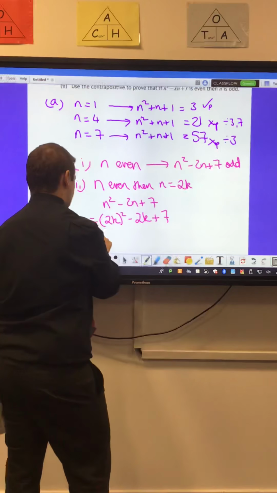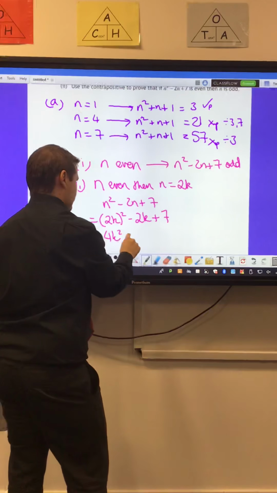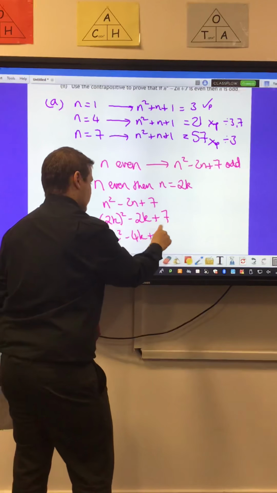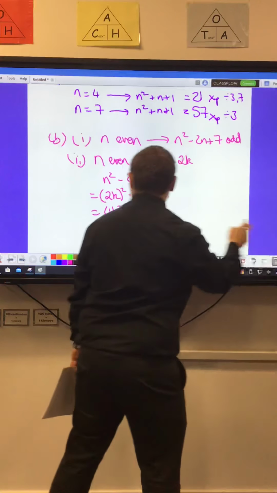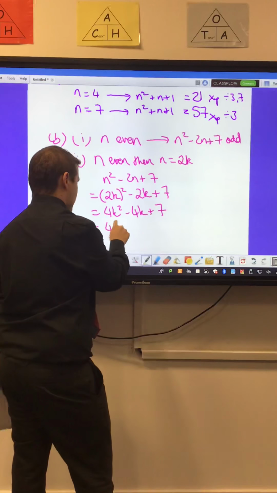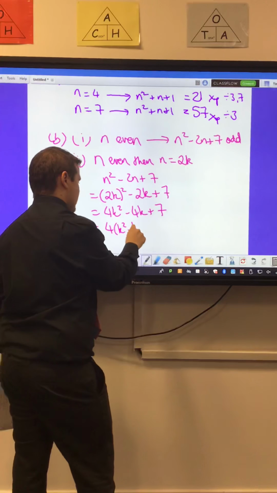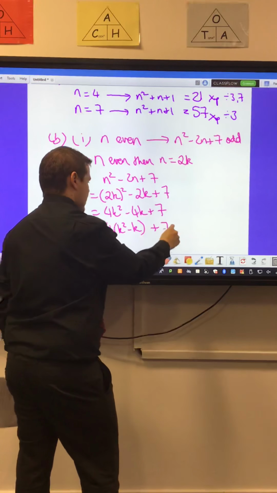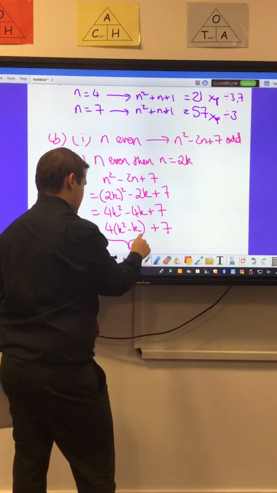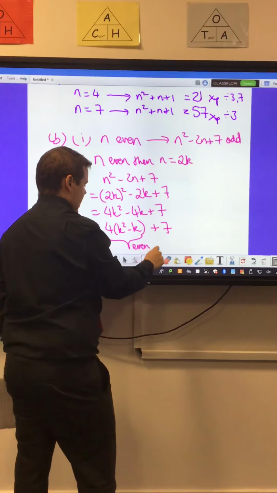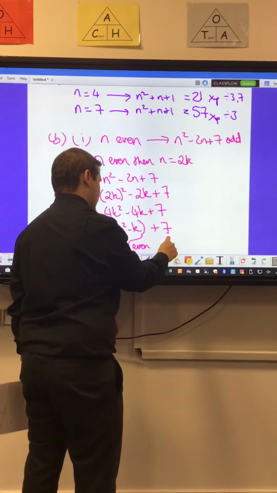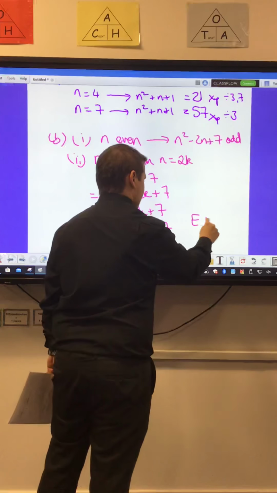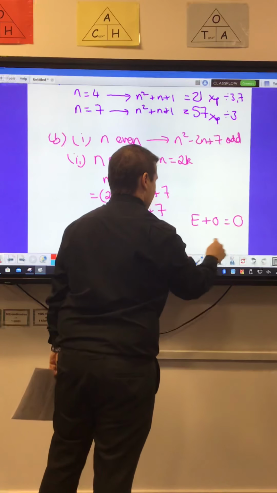Again, that is going to be 4k squared minus 4k plus 7. And again, that is 4 times k squared minus k, plus 7. This bit here is even, and if you've got an odd number, even plus odd is always odd.